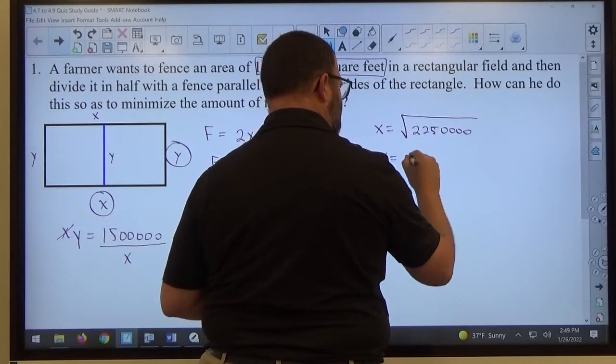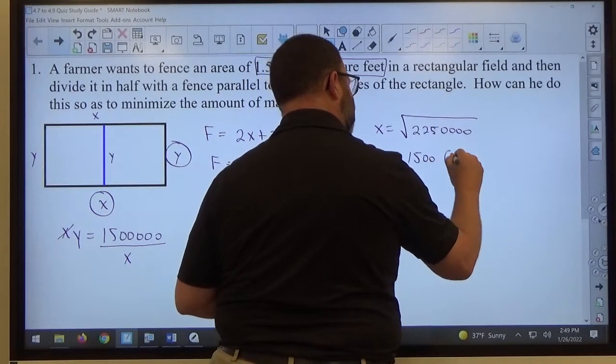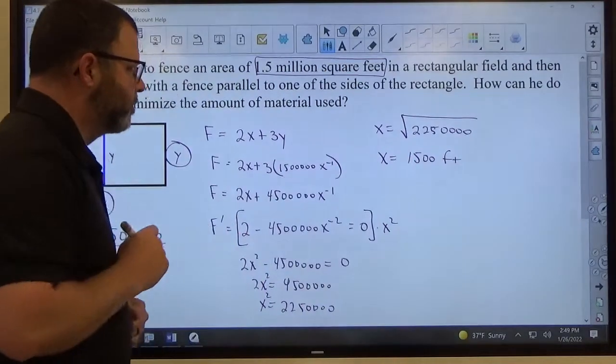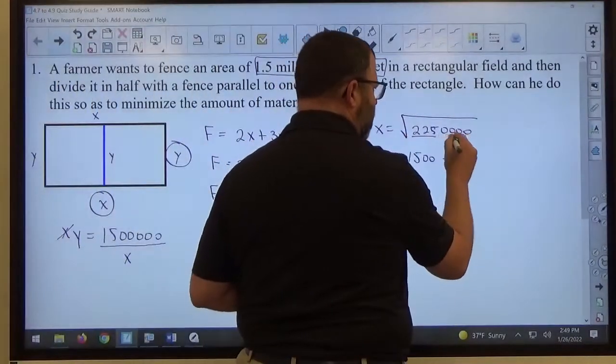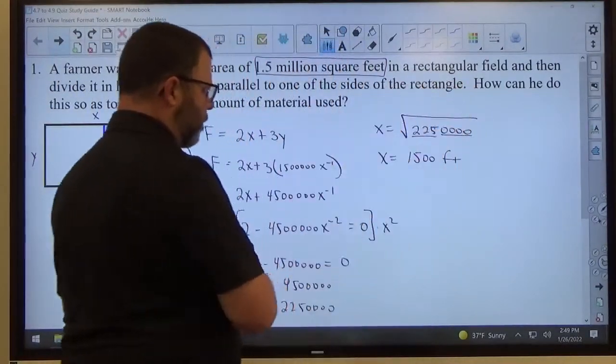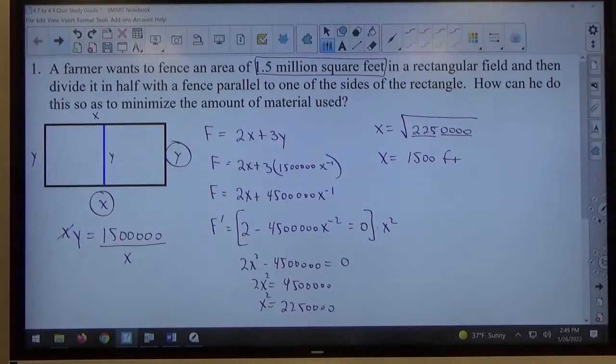And if I punch that in the calculator, it's 1,500 feet. Square root of 225 is 15, the square root of 10,000 is 100, so that's where I came from. So 1,500 feet is what x should equal. Based on my picture, that's the longer dimension there, based on what I've drawn. Maybe y is longer, who knows. But x is 1,500 feet.